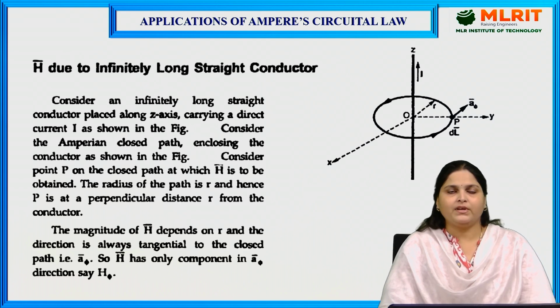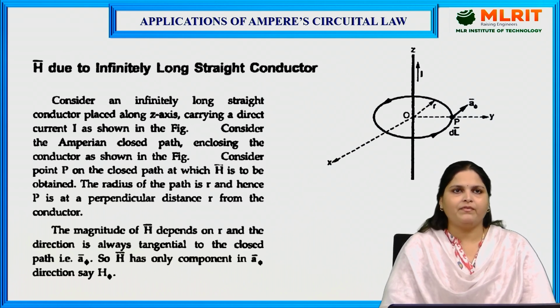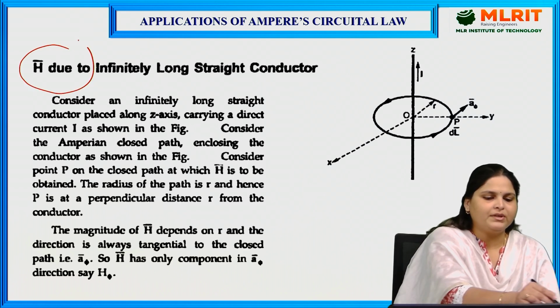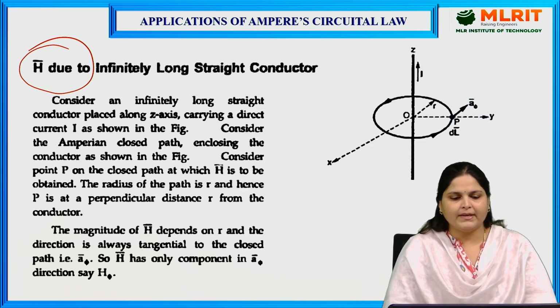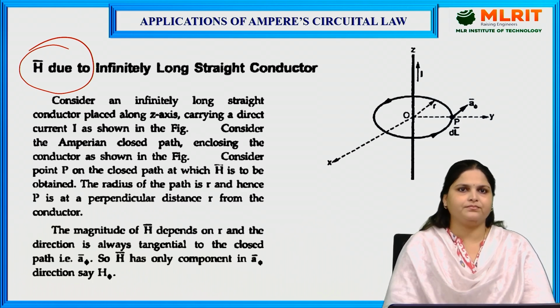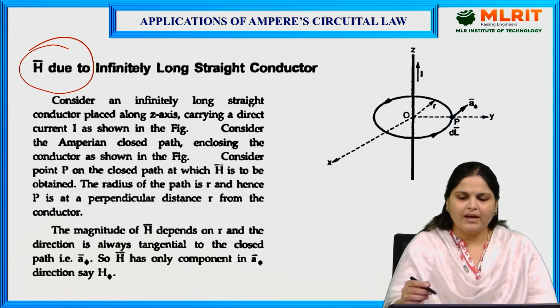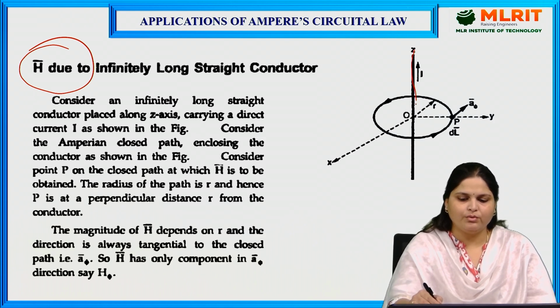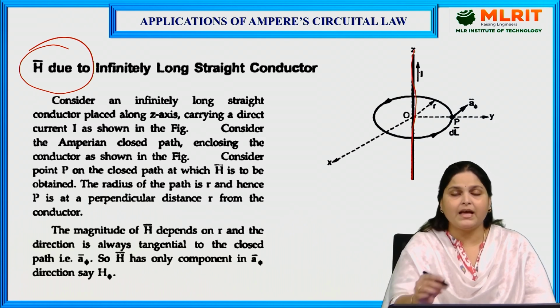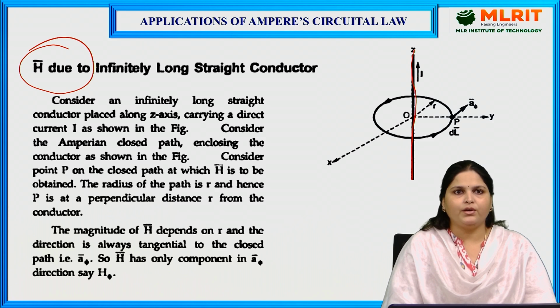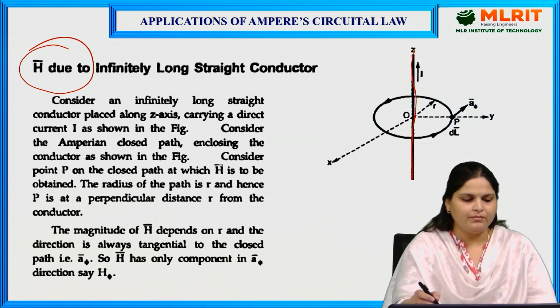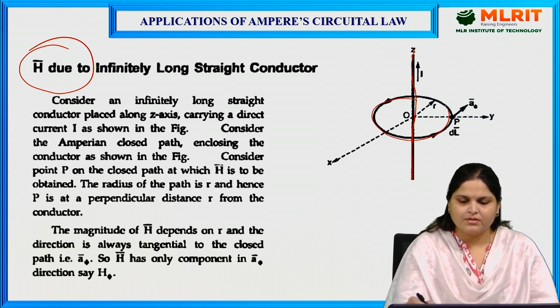Now we'll discuss one application of Ampere's circuital law. We will find the field intensity due to an infinitely long straight conductor. So here we have taken one straight conductor which is carrying current I, and here we have a circular path.